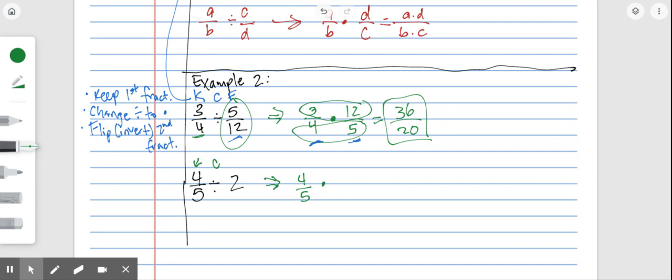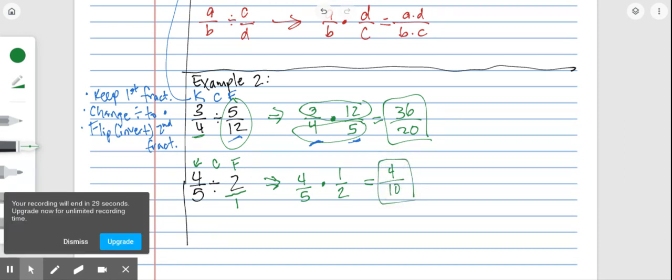So what I need to do is rewrite a whole number as a fraction, because remember, whole numbers are fractions too. So this becomes 2 over 1. And now I can invert it, so it becomes 1 over 2, or 1/2. And then I multiply straight across. So 4 times 1 is 4, and 5 times 2 is 10. So 4/10 is the final fraction for that one.